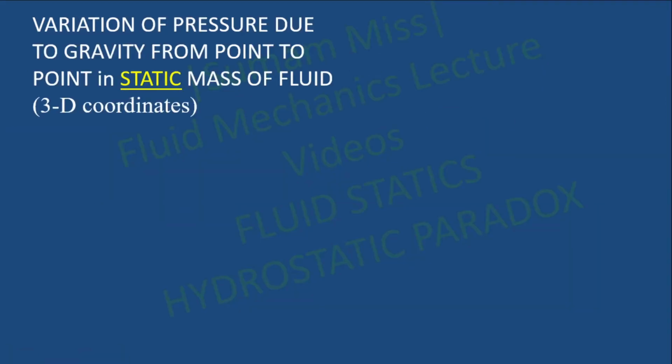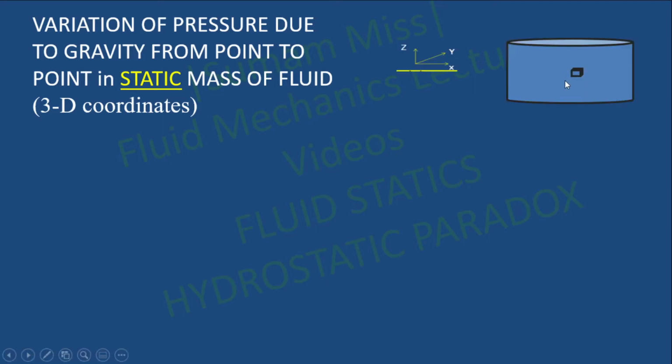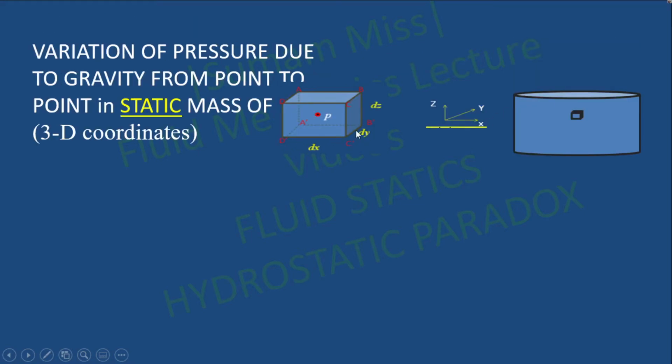Let me explain the variation of pressure due to gravity from point to point in a static mass of fluid. Consider a three-dimensional coordinate system. This is a rectangular fluid element within the static mass of fluid. dx, dy and dz are the dimensions of this fluid element in the x, y and z directions.